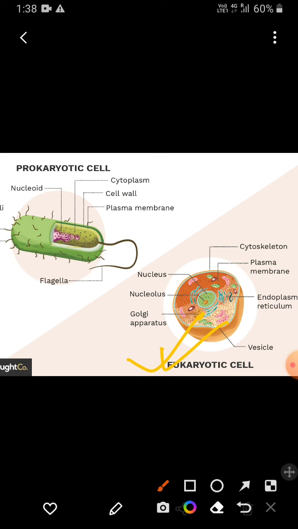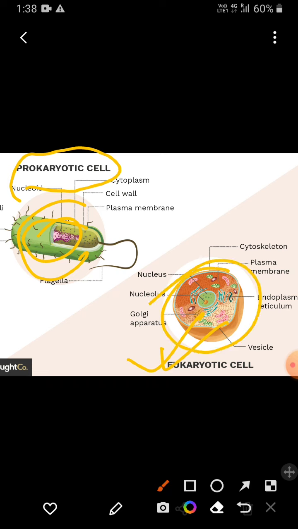Because remember, in prokaryotes we do not have any kind of nucleus. So the chromosomes present in the prokaryotic cell in a very ordinary form, in the nucleoid area, are also a part of the cytoplasm. But in eukaryotes, the nucleus is present and DNA is present inside the nucleus.